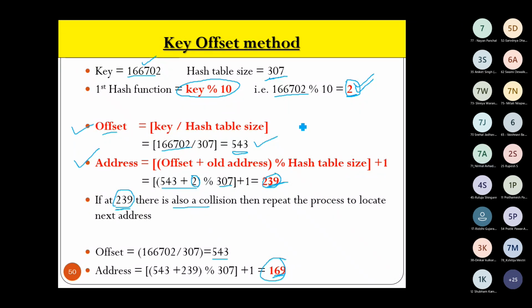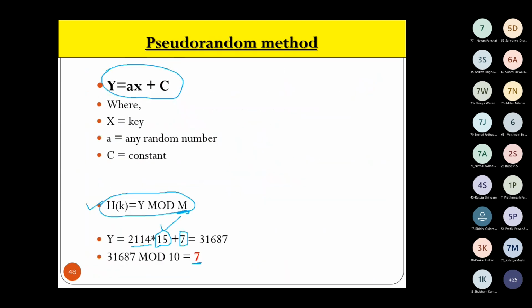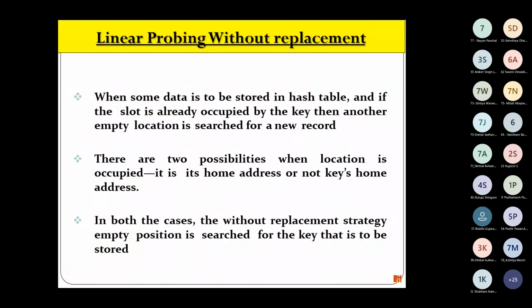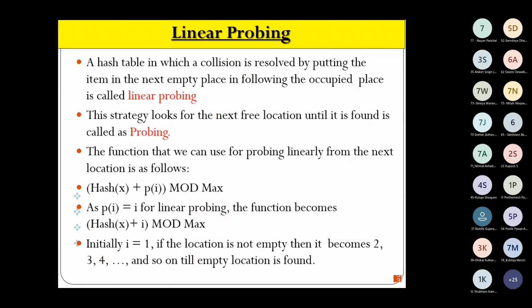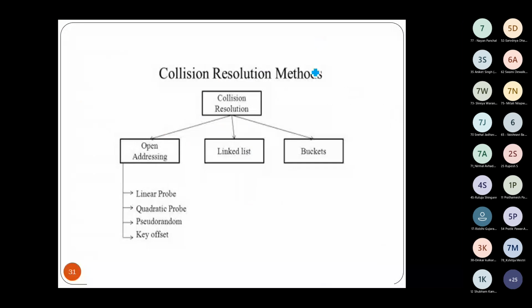So this is all about the key offset method, and all these are the methods for handling collision. Collision occurs in case you have limited addresses. So collision resolution methods are for when limited addresses are available to you, that means you are having closed hashing.